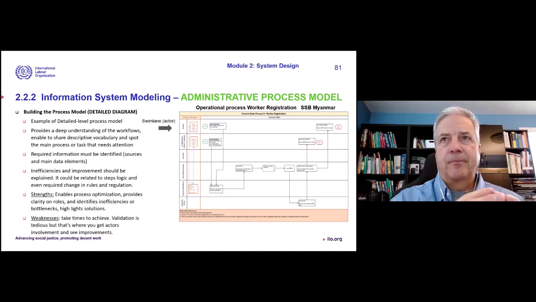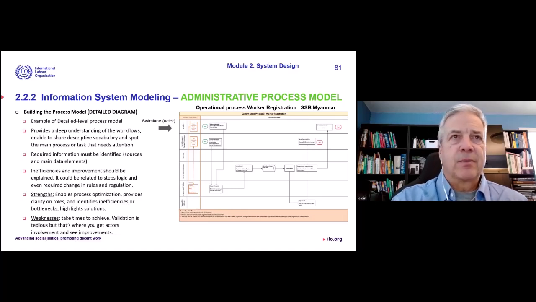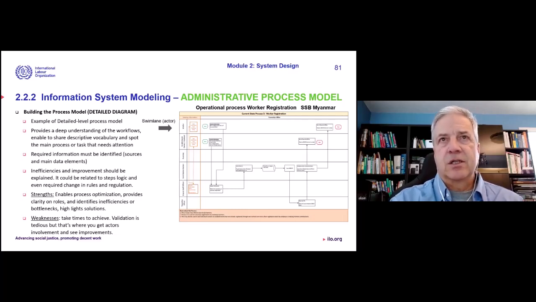Roughly, here is an illustration based on what's happening in Myanmar, it's still in use. It's the description of the worker registration process. So you are in the Social Security Board.